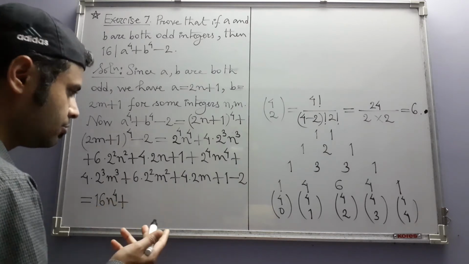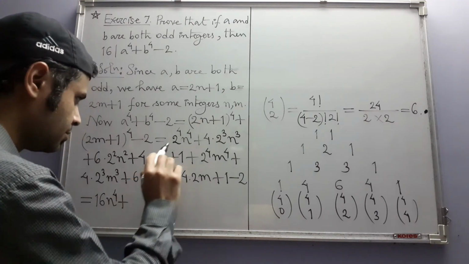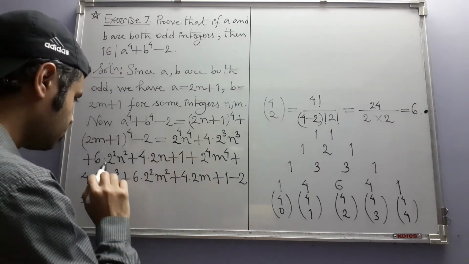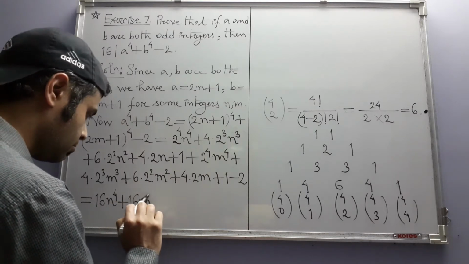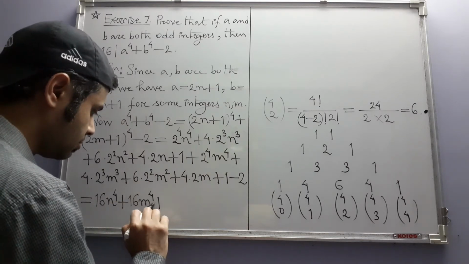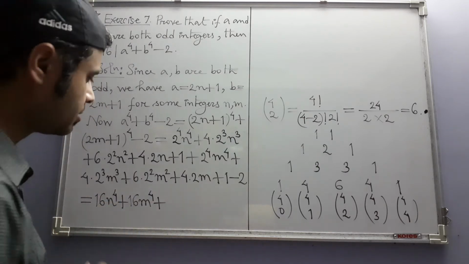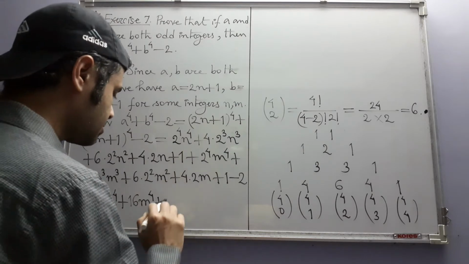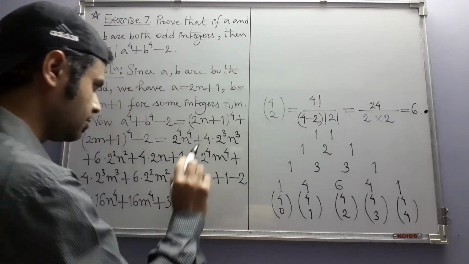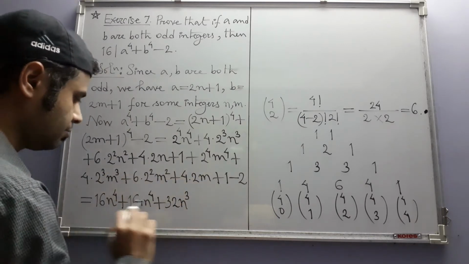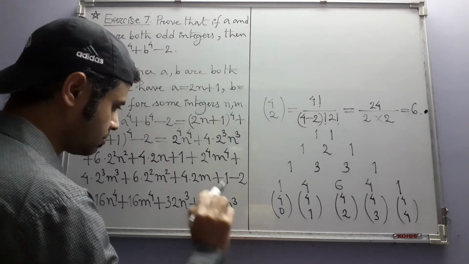There is no need to do that, but let's write them in this way. 16 n to the power 4 plus 16 m to the power 4. These terms you can see are already divisible by 16. What is the next one? 32 n cube. Like that, here also we have 32 m cube.